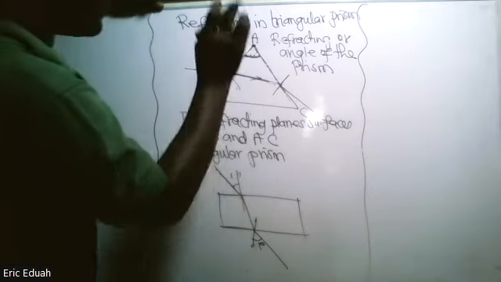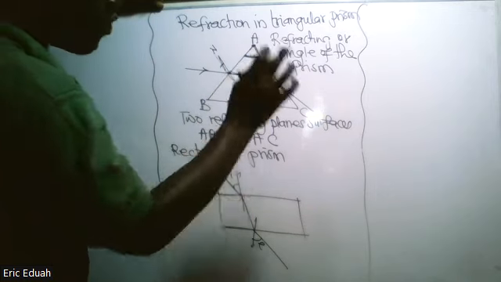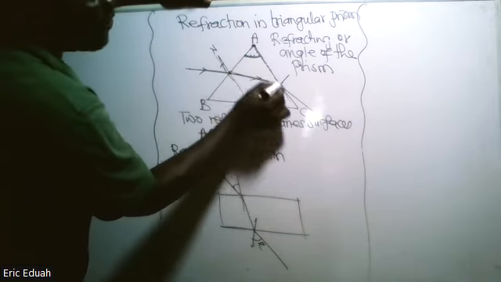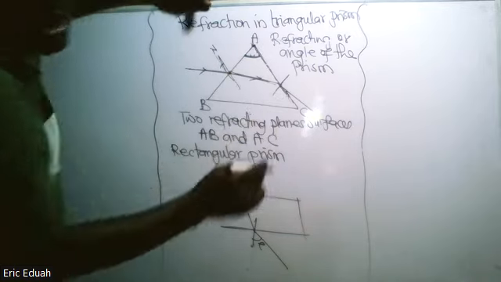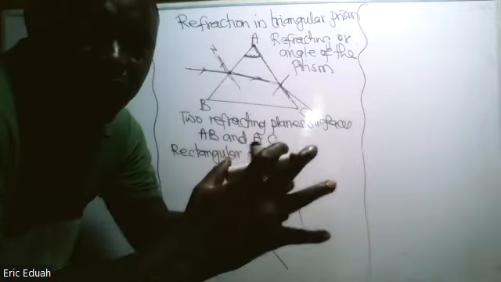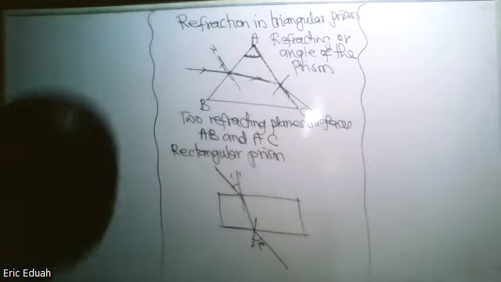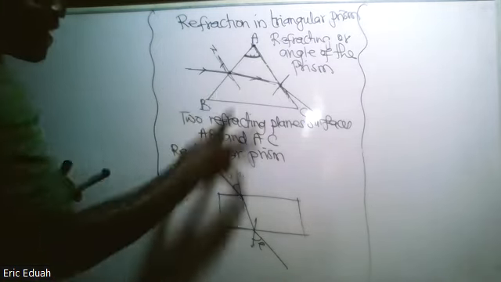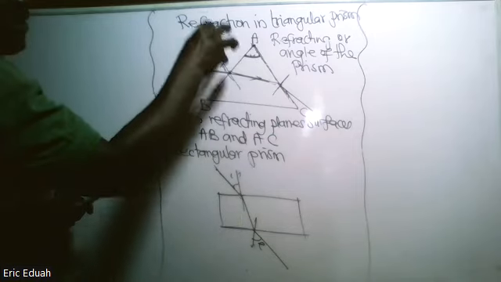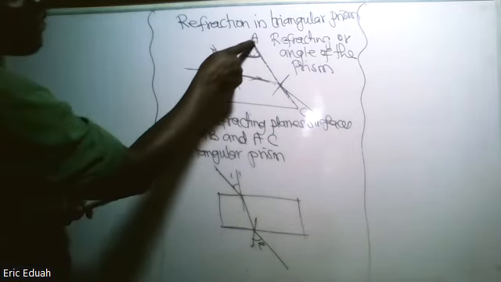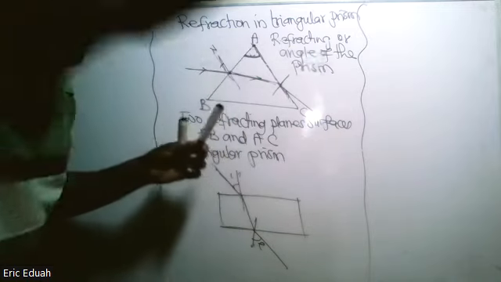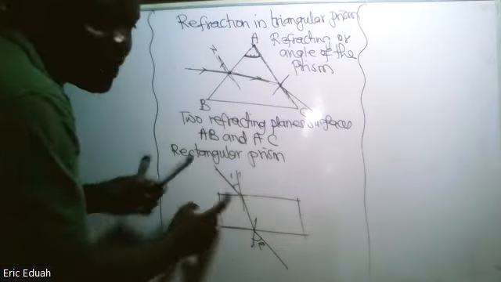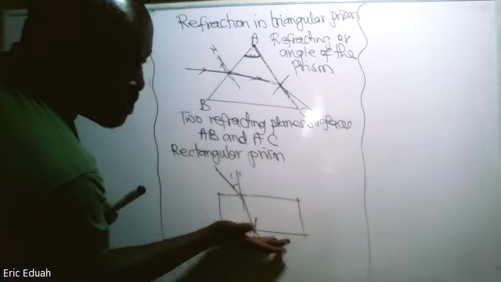The advantage of the triangular prism over the rectangular prism is that the deviation which occurs here and the deviation occurring here, AC, are combined to give you a larger value of deviation. So this has the ability to add the deviation at AB to the deviation at AC to give you a wider value of deviation, unlike this one, where what happens here cancels out here.